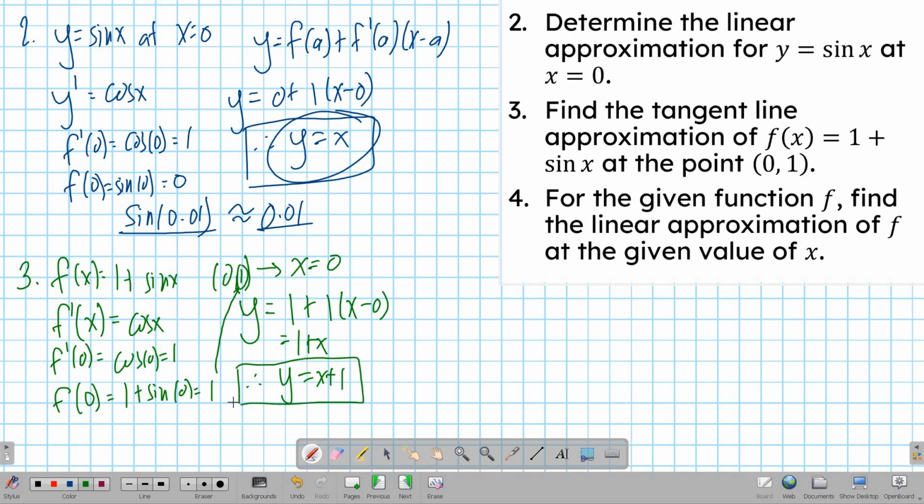Which would mean, for example, if we are asked to find f of 0.1, it would be approximately equal to 0.1 plus 1, which is 1.1. So therefore, 1 plus sine of 0.1 is approximately 1.1. And those are examples of linear approximations.